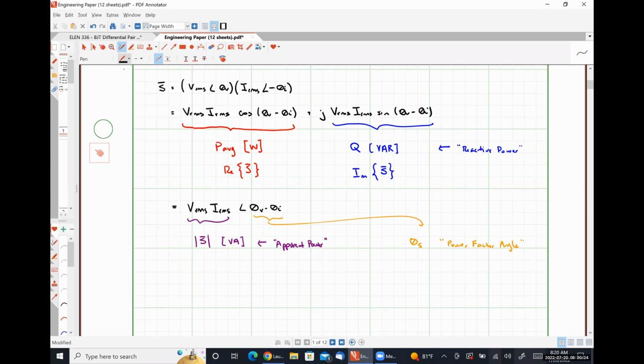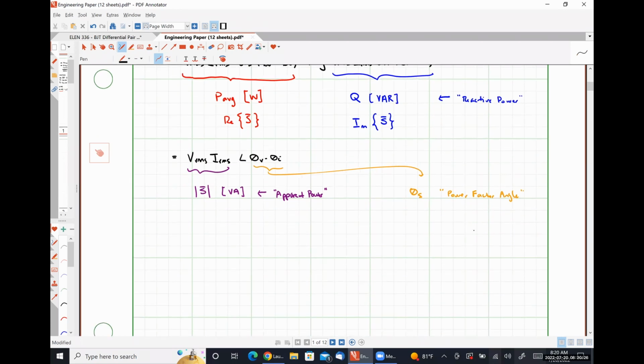So this brings us to our next topic, and this is really kind of a subtopic within complex power. And that is the concept of power factor. The power factor at which an electrical element or network operates at is a measure of the efficiency of power transmission to or from the network.